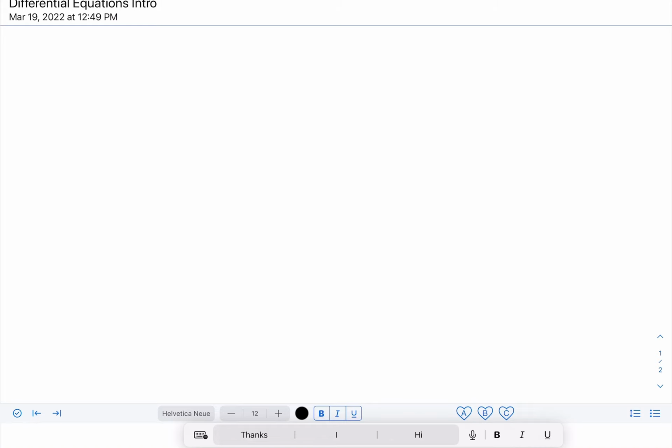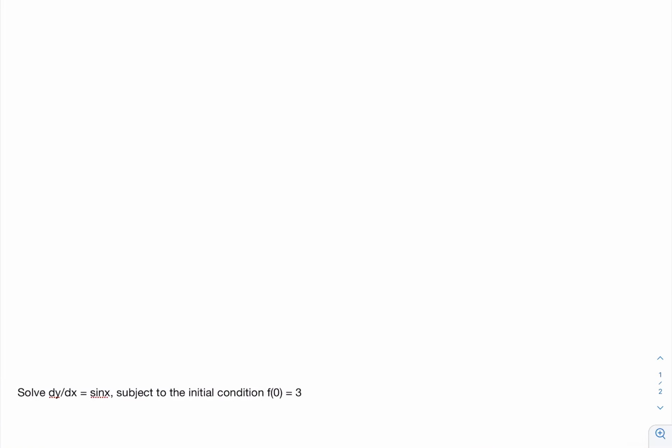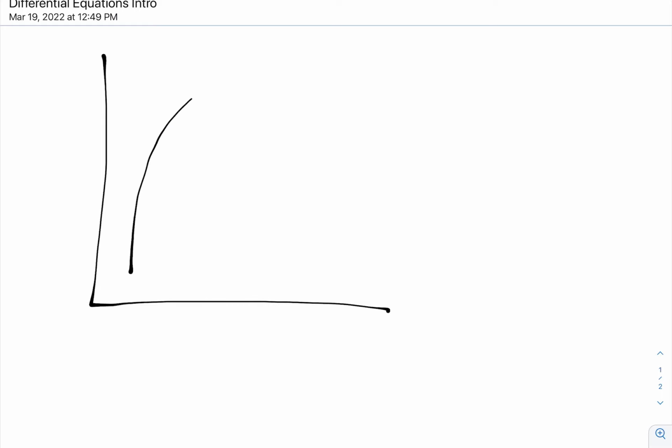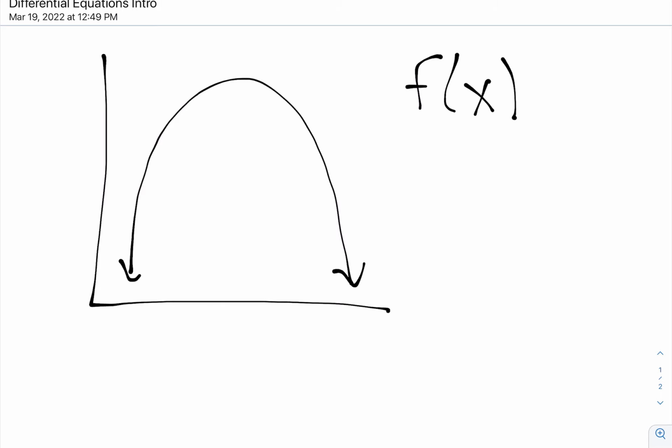Hopefully by now you know what a derivative is, right? So if we have a graph, let's say it looks like this, kind of a parabola looking thing. If our graph is f of x, we know that f prime of x is going to give us our slope at any point.